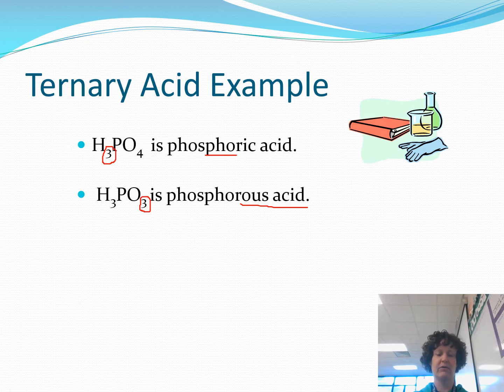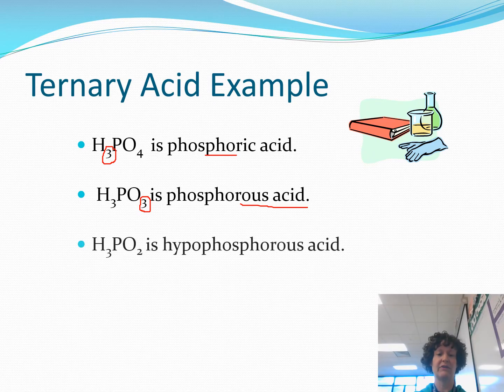All right, now, what if we had one less oxygen than that? So instead of H3PO3, we had H3PO2. Now go back to your notes and see, what do you do if it's one less? Well, you're going to add the prefix hypo.